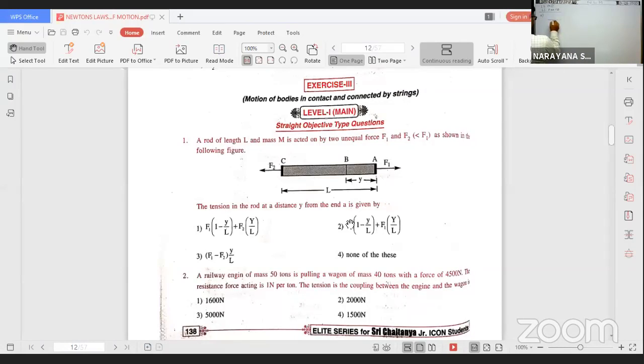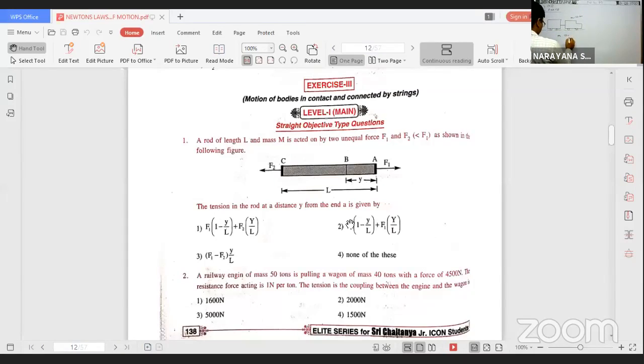Suppose here there is a wagon, and this wagon is coupled to the engine like this. The mass of the railway engine, M1, is equal to 50 ton.